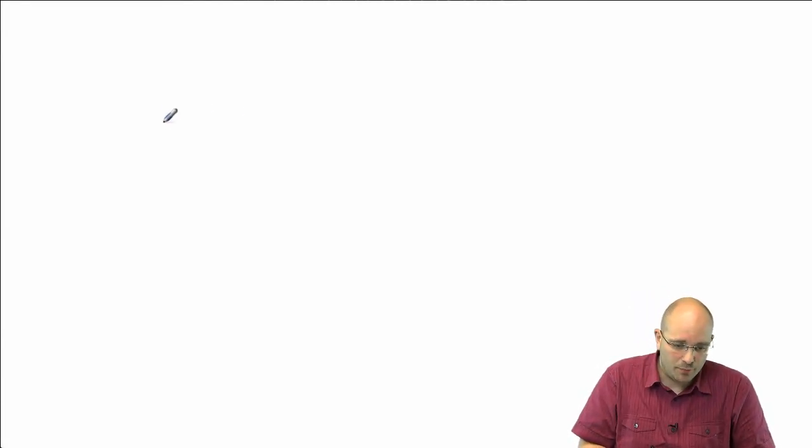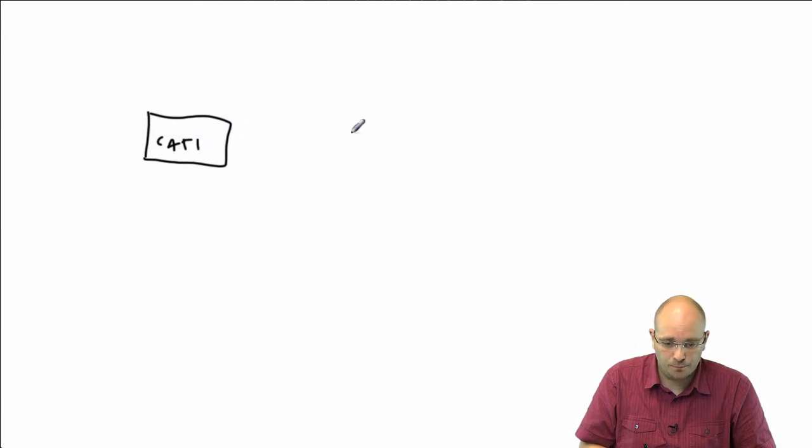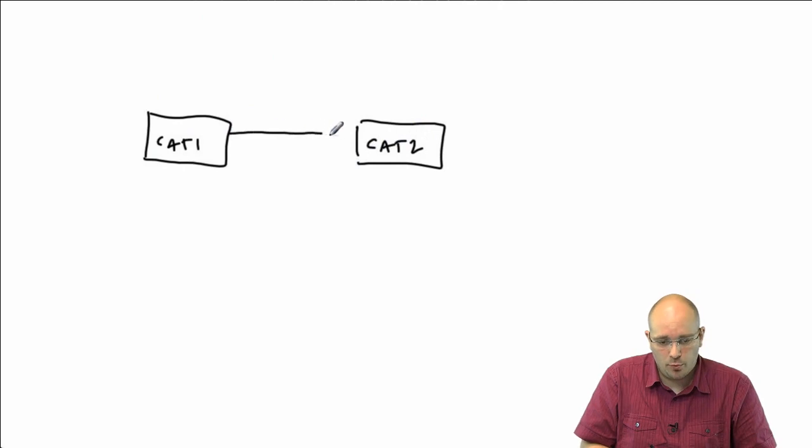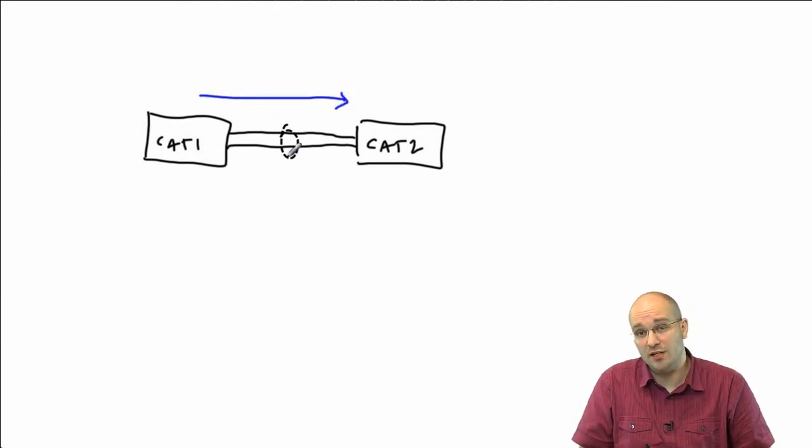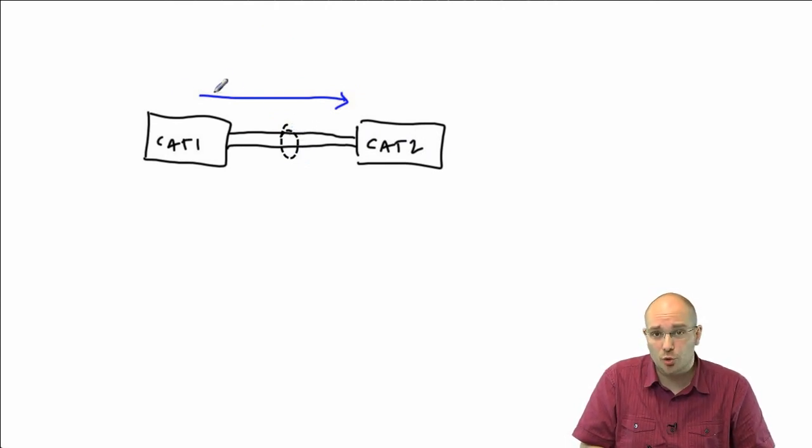Again, let's use the example of our two switches, CAT1 and CAT2. They are interconnected with two links. These two links are in an EtherChannel bundle, and we have traffic arriving here, and CAT1 needs to transmit it to CAT2. Let's say that we are using the combination of source and destination IP addresses here. So I'm going to say that the load balancing mechanism in use is source destination IP.